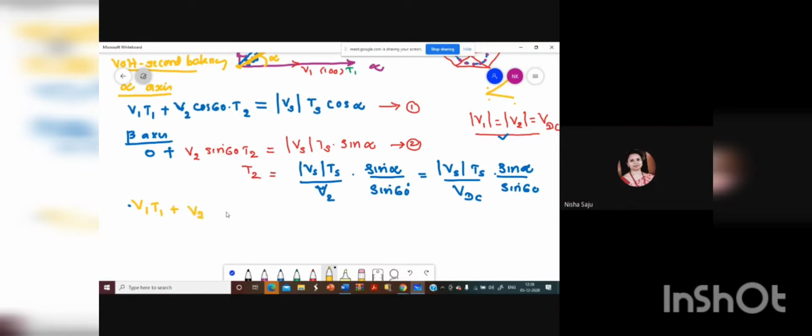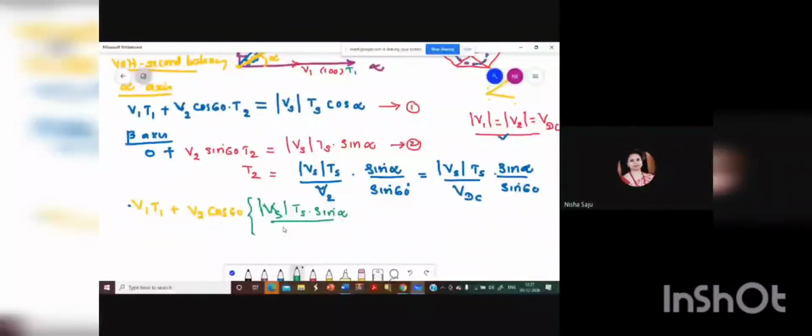Then you have to write this will be equal to Vs into Ts into sine alpha divided by VDC into sine 60. So this will be equal to your Vs Ts into cos alpha, right?